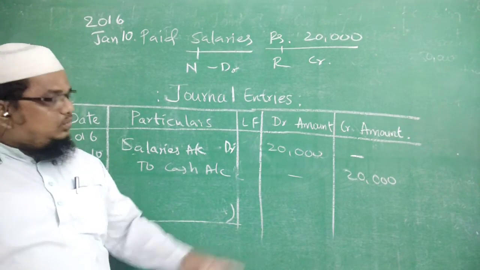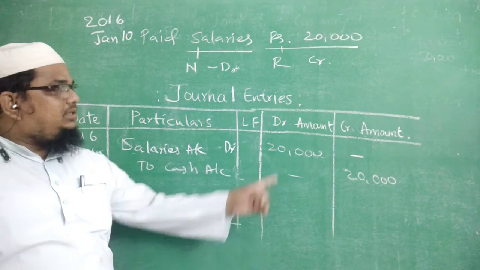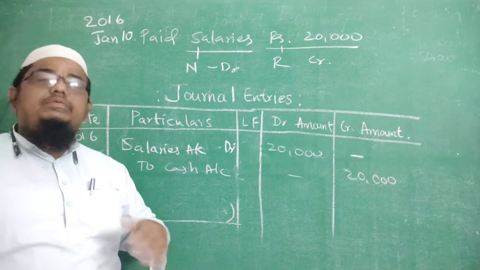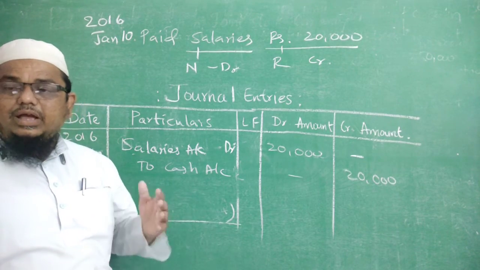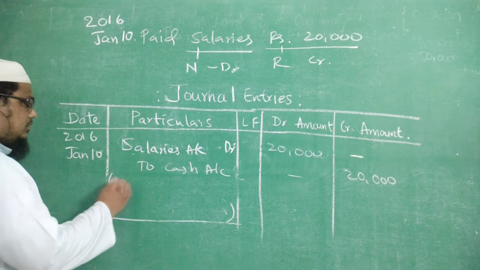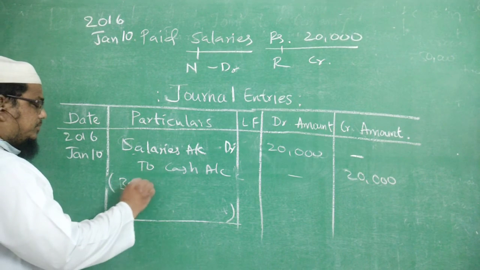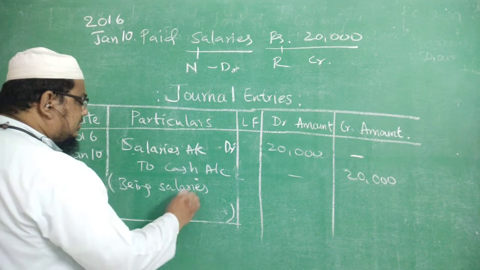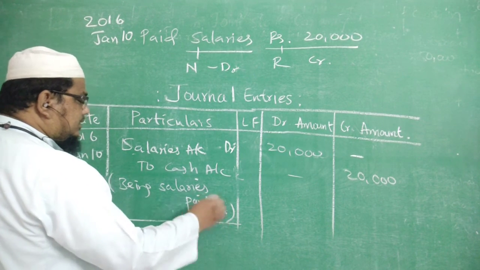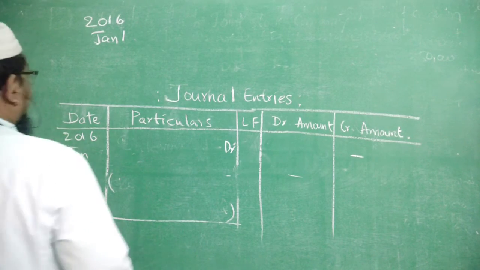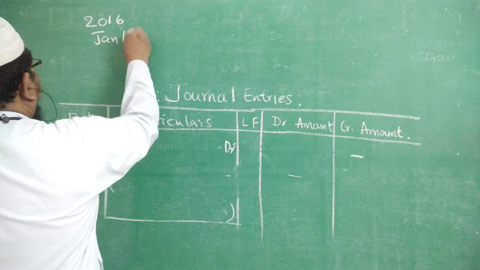Why are we writing the amount two times? One is the debit amount, meaning 20,000 salary expenditure we have incurred. We have paid rupees 20,000. Now here the narration: being salaries paid.